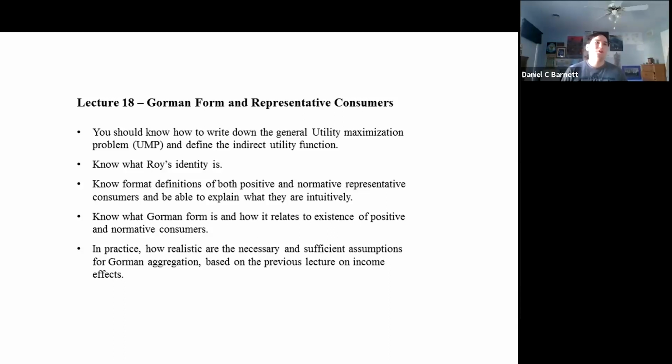We don't really know which way from the consumer, but it'll just be the best distribution. And then the normative is very similar, except instead of utility maximizing, it's the Pareto optimal way to distribute the wealth.